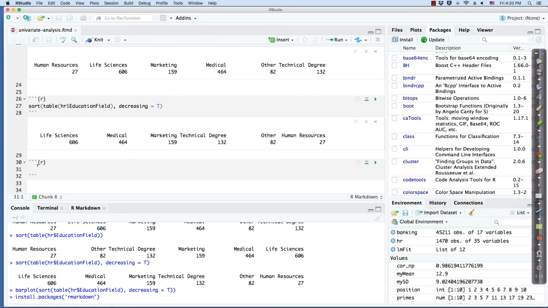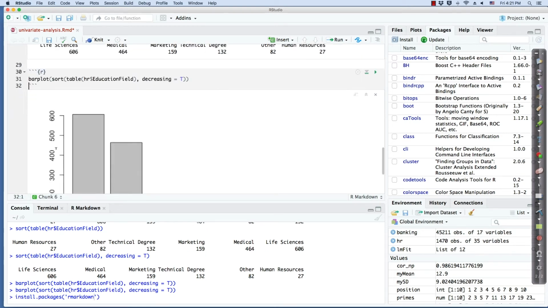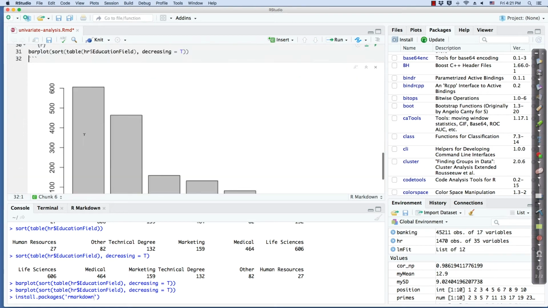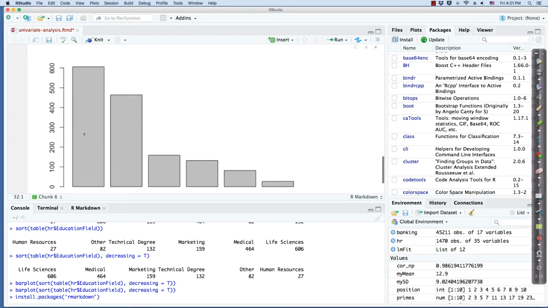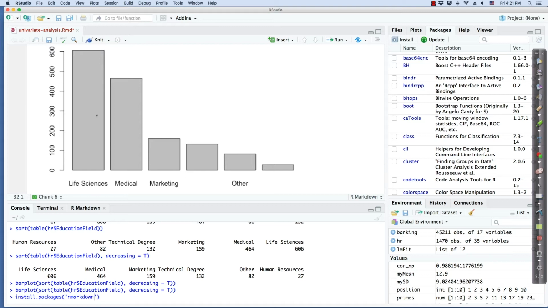Let us look at the output in the form of a simple bar chart. In order to do this, you can use the barplot command and pass the sorted table of HR $education field, with decreasing equal to true to get a descending sorting. So, we have the same output in the form of a simple bar chart. Here is a quick tip.